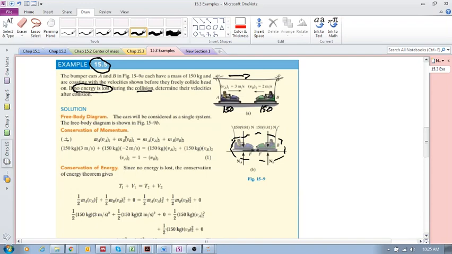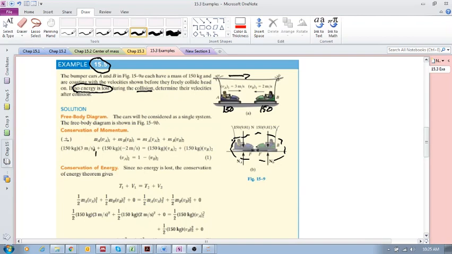So the momentum of bumper car A plus the momentum of B initially is equal to the sum of the momenta at state 2. Nothing new here. Remember, we do not have any external impulses, so that's 0. We have mass times velocity of A at state 1, and mass times velocity of B. Look at the minus there.